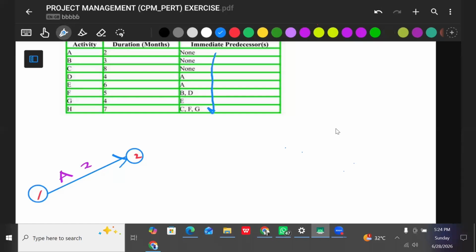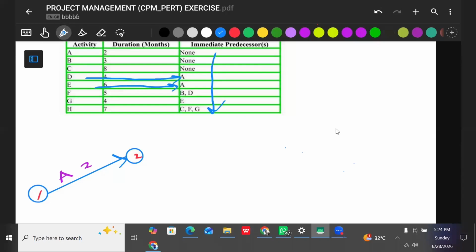Take note. From row D, activity D here, you can see that it's going to start from A. Activity E is also going to start from A. It's telling you in advance that 2 other activities will begin from A.